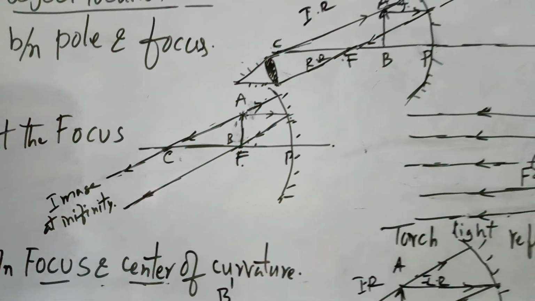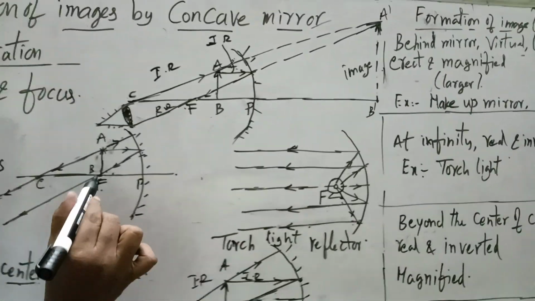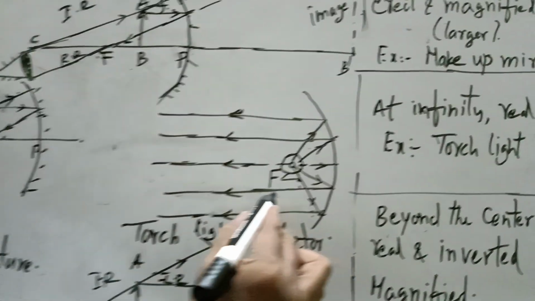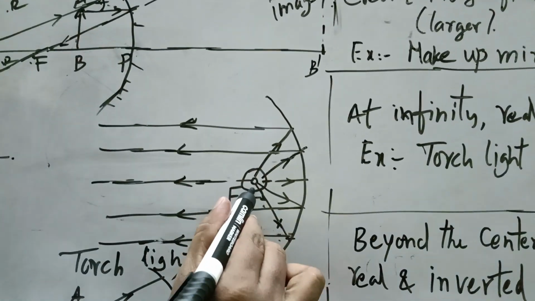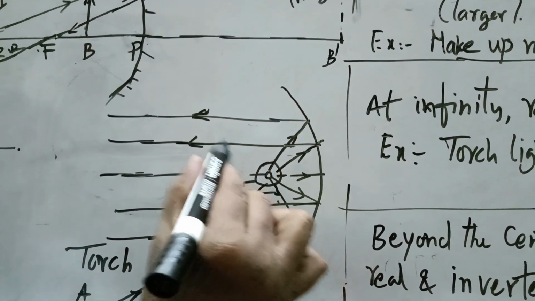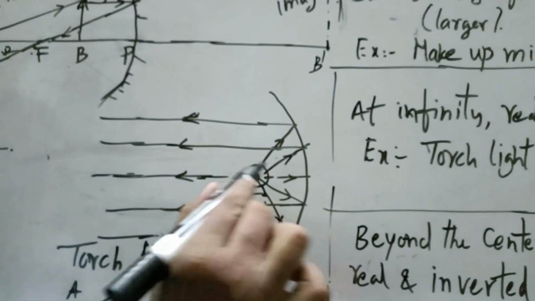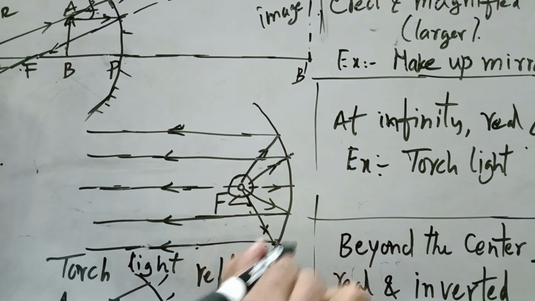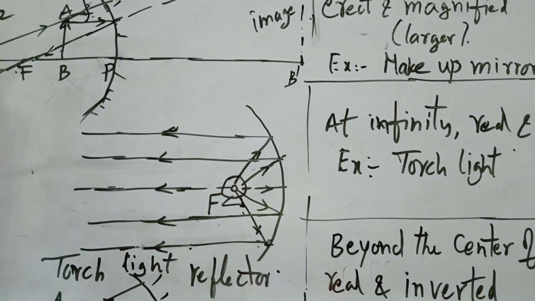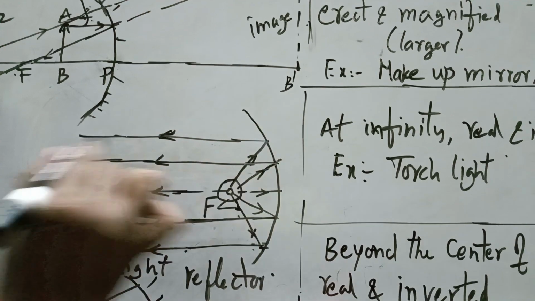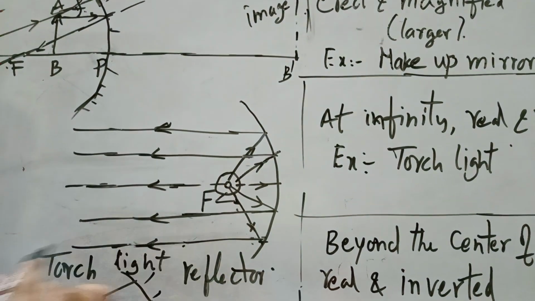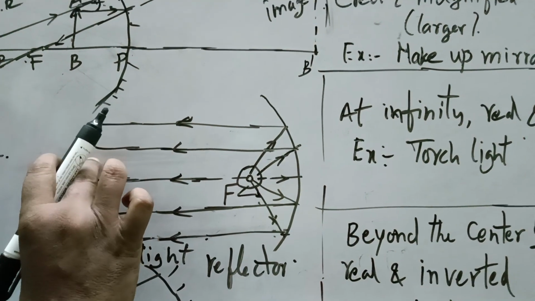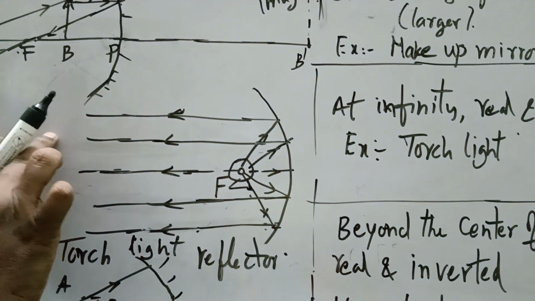The point here is when the object is placed at the focus. For example, in the torchlight, this is the reflector, and the bulb is at the focus. Now when the torchlight is put on, these incident rays fall on the mirror, and the reflected rays go in a parallel way, so that by using the torchlight we can visualize an object which is at a distant place.